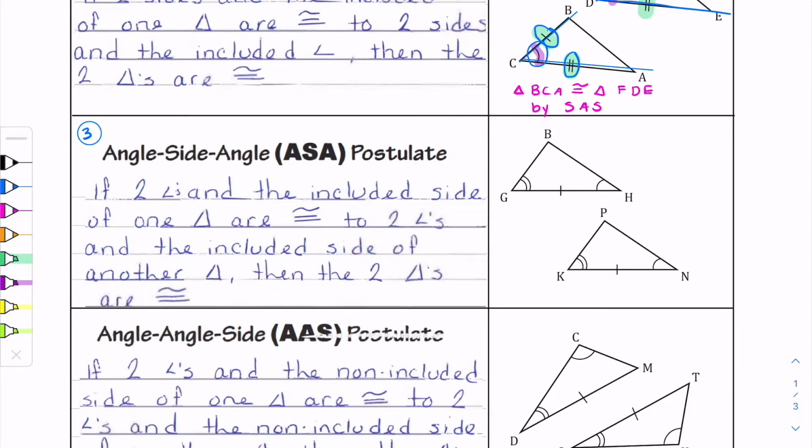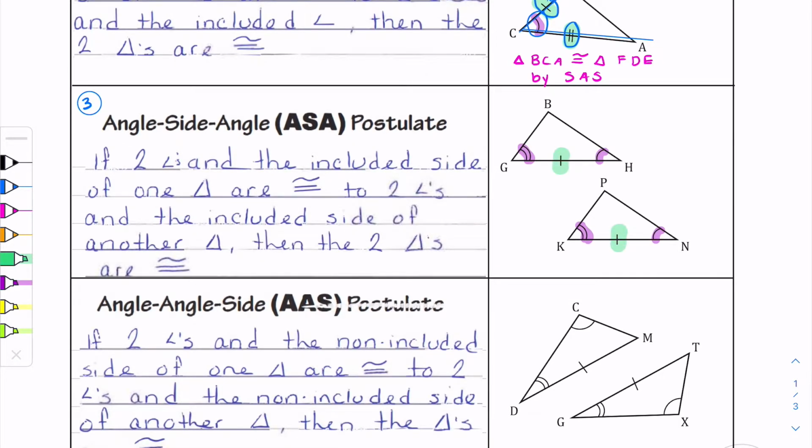If we look at the diagram, we have an angle congruent to an angle, another angle, and the included side, so the side that's between those 2 angles. That proves to be angle side angle, and when you're using this, you could say, in this case, that triangle GBH is congruent to triangle KPN by angle side angle.